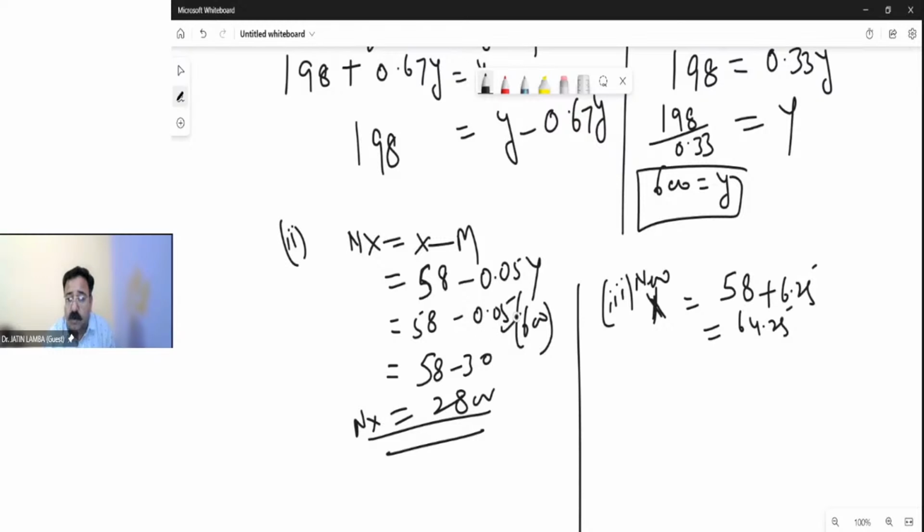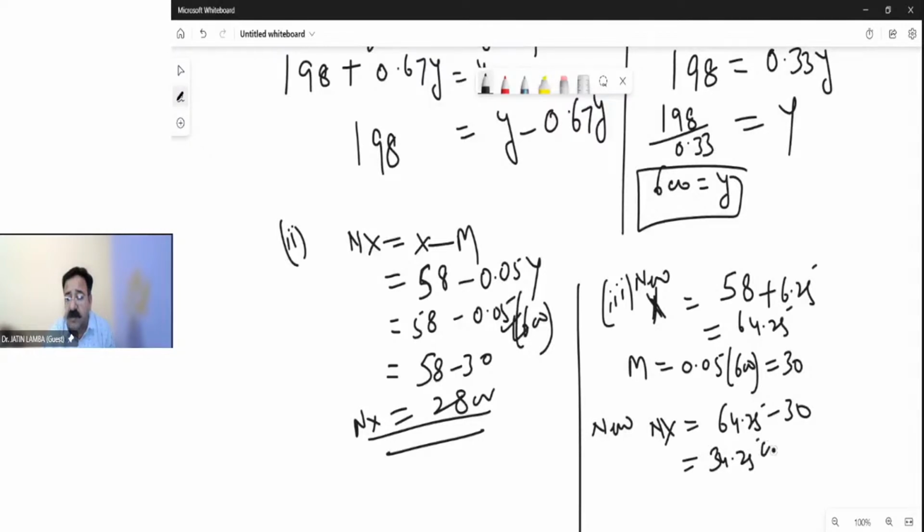But import will remain the same, there is no change in import. So import will be 0.05 of 600, that is 30. So new net export will be 64.25 minus 30. That will be 34.25 crore. Is it clear, बच्चों?